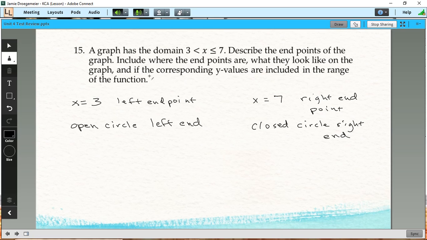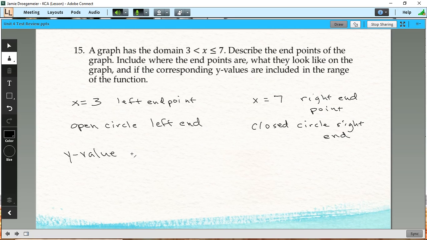All right, and then they also ask whether the corresponding y values for those endpoints would be included in the range of the function. Since x can't equal 3 because of our domain, the y value at x equals 3 is going to be an open circle.